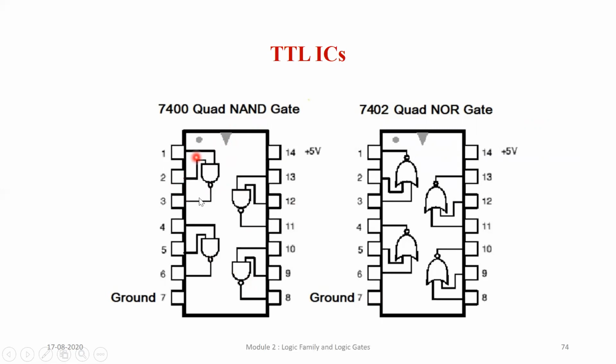It means this gate is not working, but the other gates might be working. Sometimes students lose patience: Ma'am, output is not coming. Arre, one gate of the IC is spoiled. You have the remaining 3 gates. Check that. Very few cases will be there where all 4 are not working. So we discard that. But even if 2 gates are working, we can still use that particular IC.